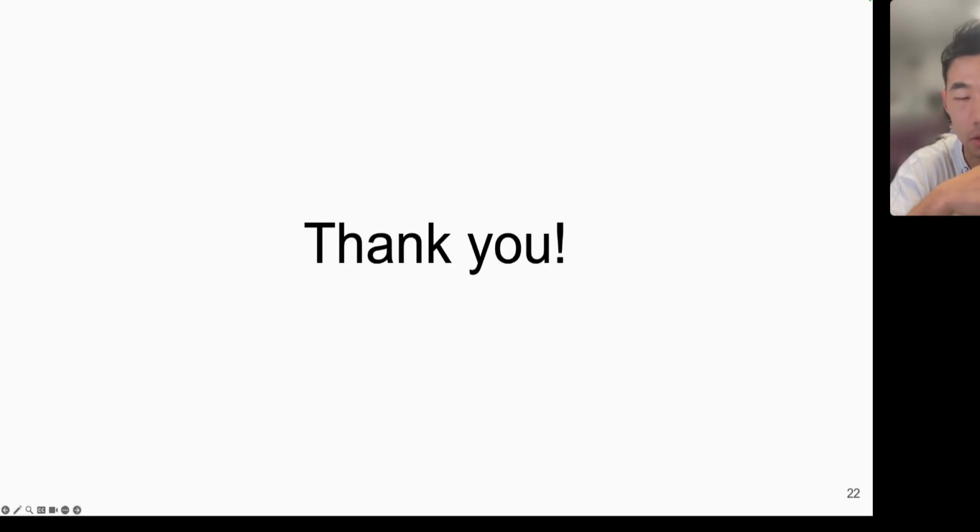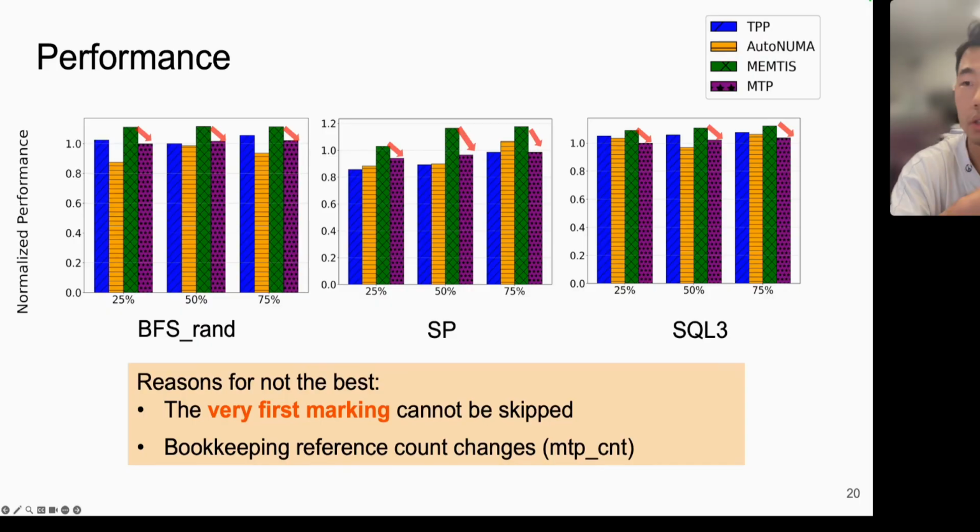Regarding your second question about the GC overhead, as I mentioned in the previous slides, let me go back to that. Okay, so our overhead comes from two parts. One is the marking overhead, which is not in the original system, because CPython itself doesn't maintain the full object scope, so we have to pay the price for the marking, at least the first time.